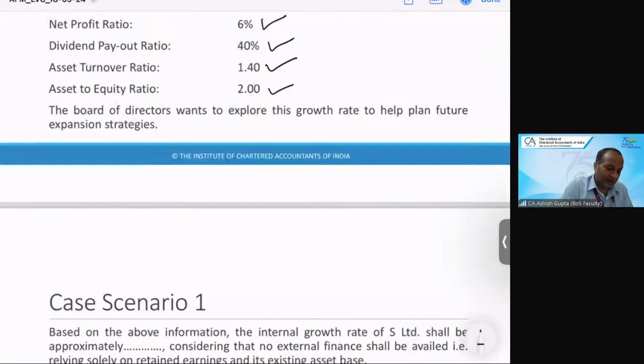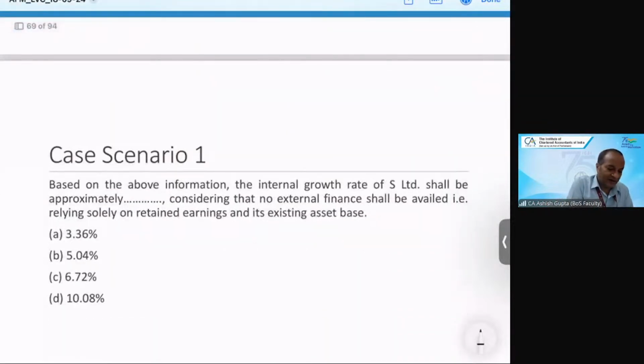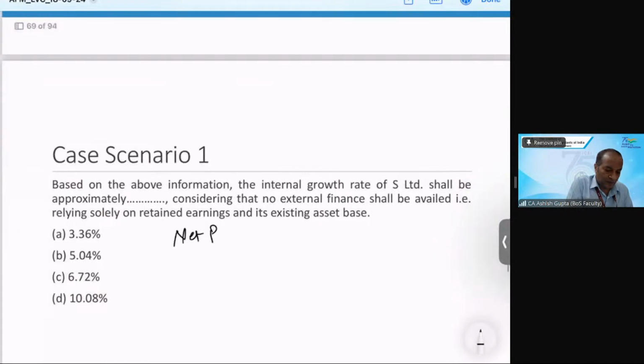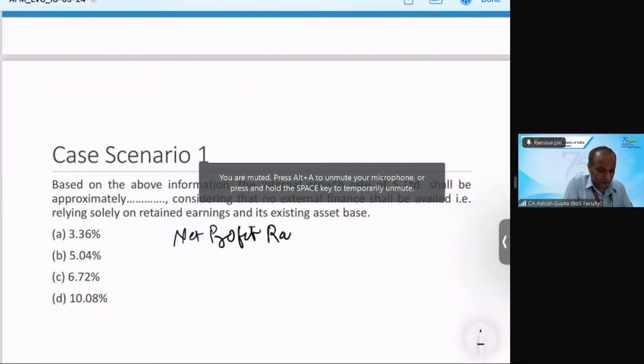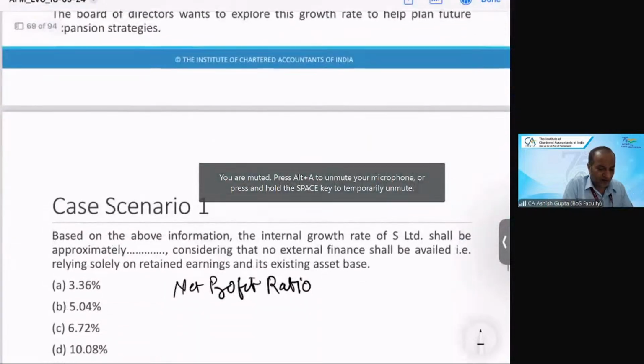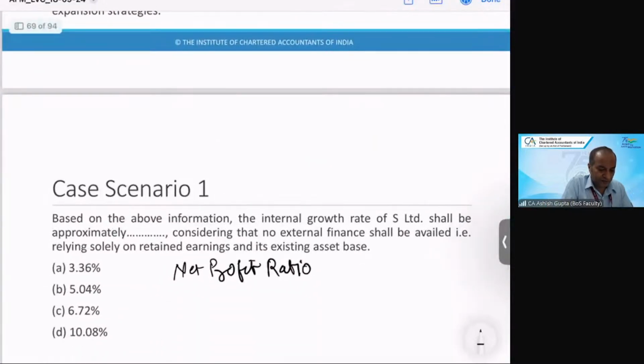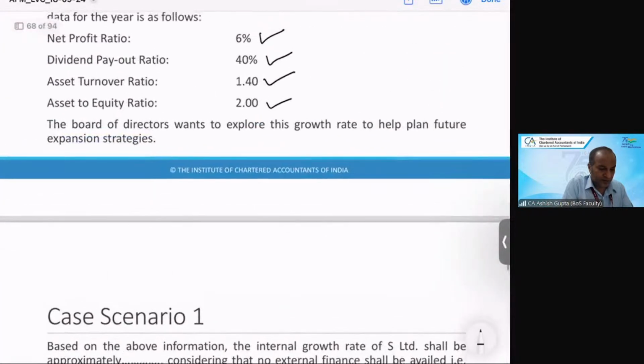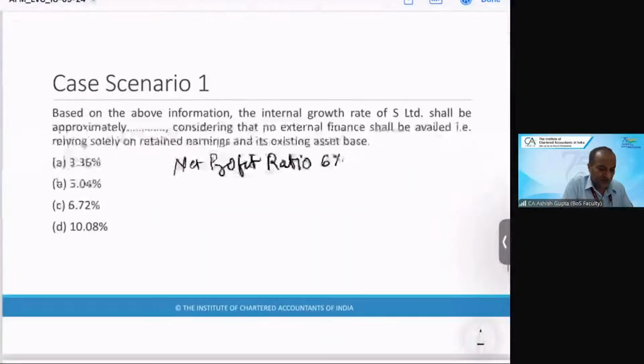Net profit ratio. Okay, I write it here. Net profit ratio is 6%. Dividend payout is 40%.